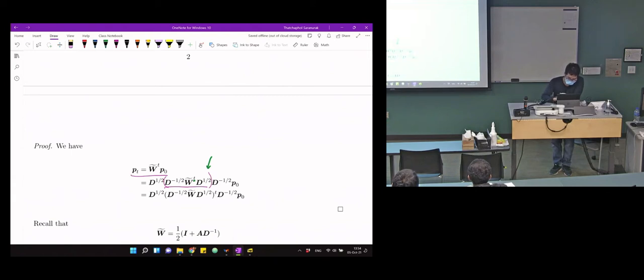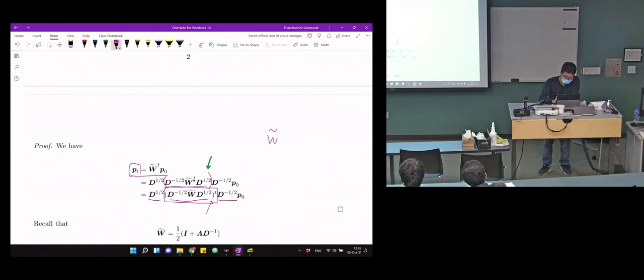So now we have that P_t is D to the 1/2 and something here, but this part is this whole thing to the power of t. And this is nicer, because you will see soon this matrix is a bit nicer to work with. Why is that?